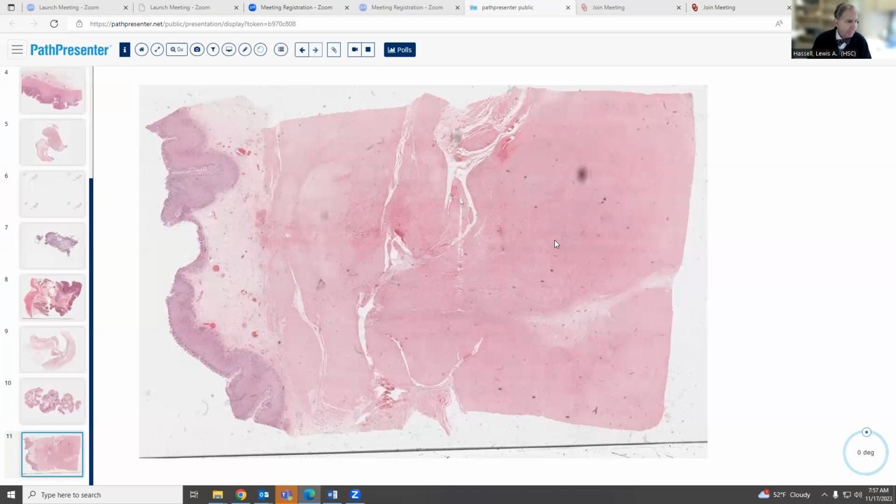I see other questions. There's another question: how to differentiate severe GERD from eosinophilic esophagitis if you have only the lower esophagus? Yeah, that's why a good GI clinician usually biopsies the upper esophagus and the lower esophagus to tell the difference.